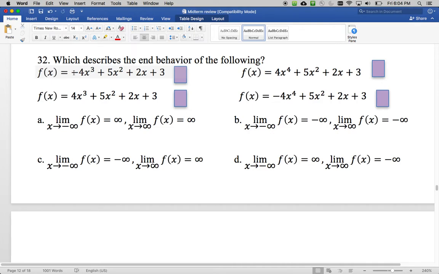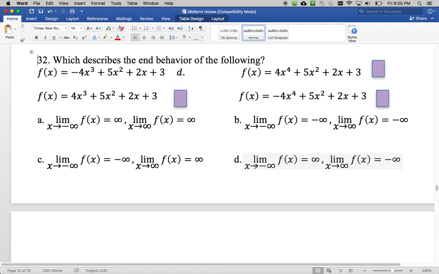So if we have a negative leading coefficient, then the right side goes down. And if our degree is an odd number, then the left side does the opposite of what the right side does. So in this case, the right side is going to go down and the left side is going up, and d is a 1.